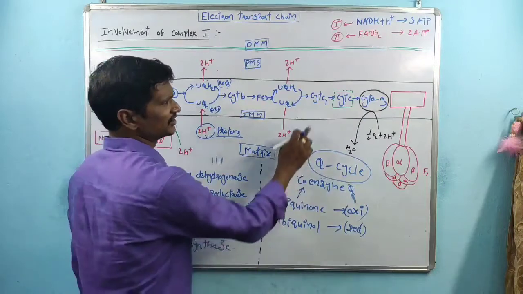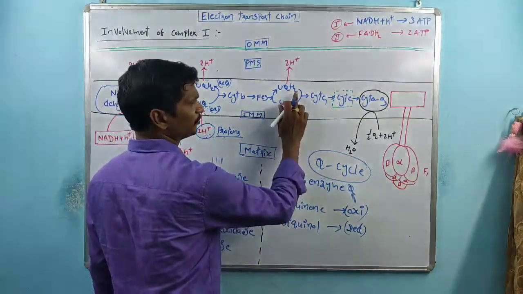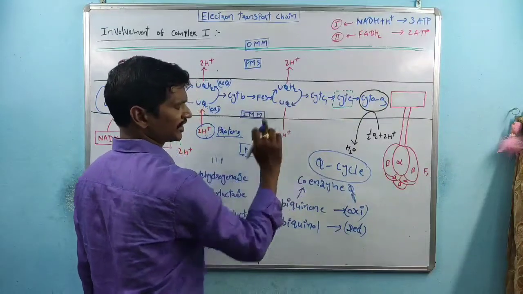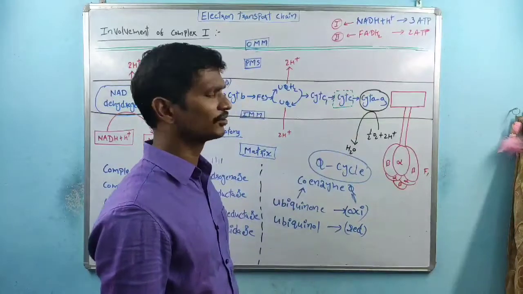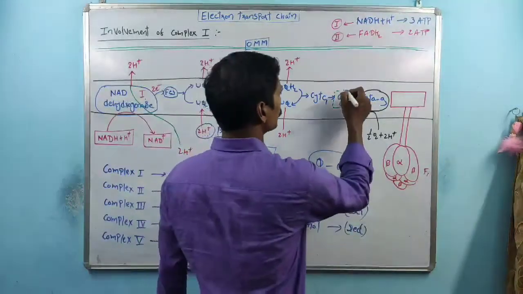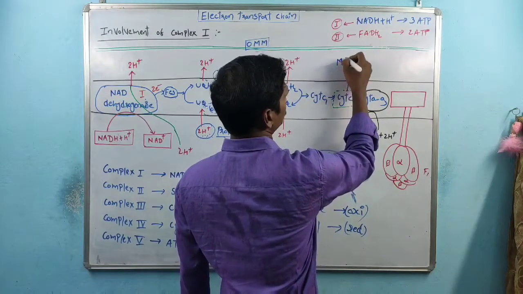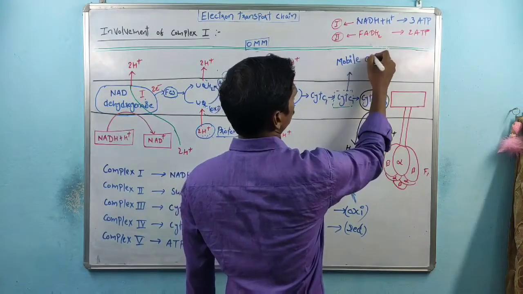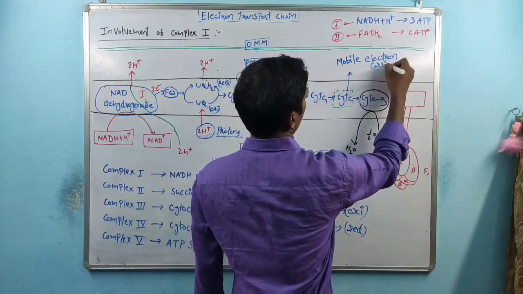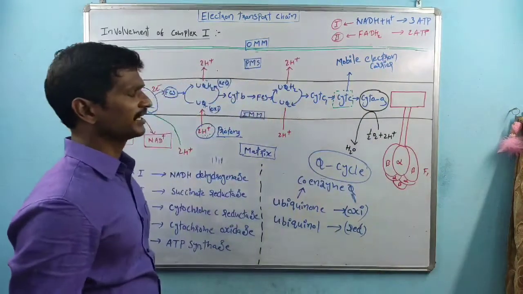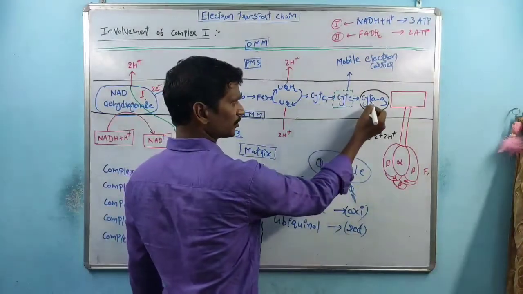Next one is cytochrome C1. Here electrons are passed from ubiquinol to cytochrome C1. Again, cytochrome C1 interacts with cytochrome C. Remember, cytochrome C is the mobile electron carrier. It moves from cytochrome C1 to cytochrome A3.